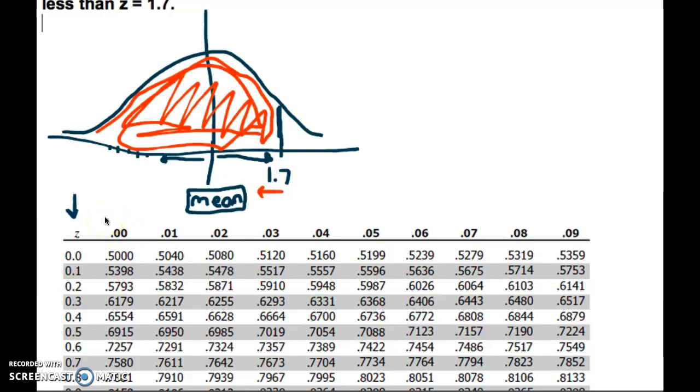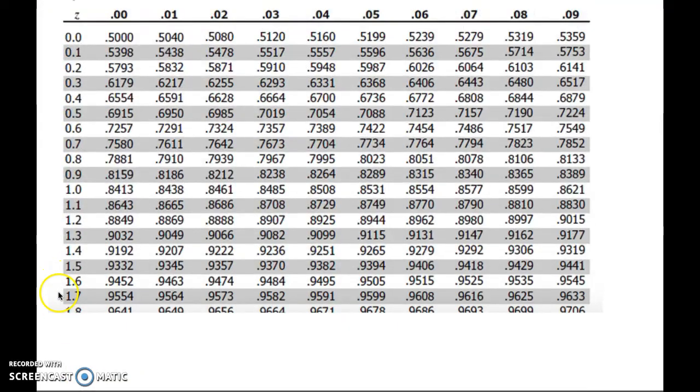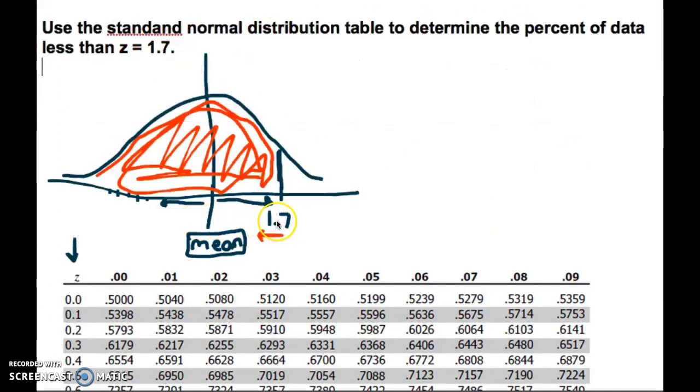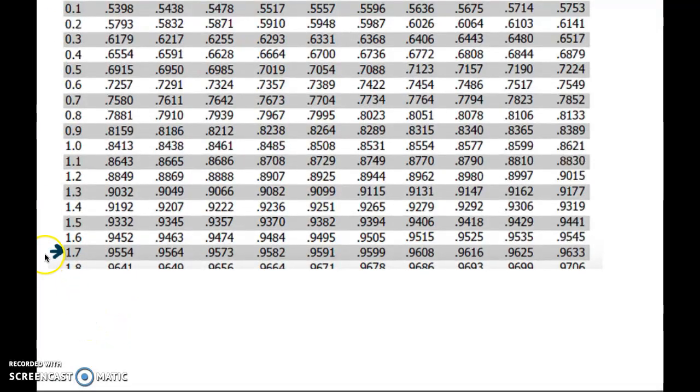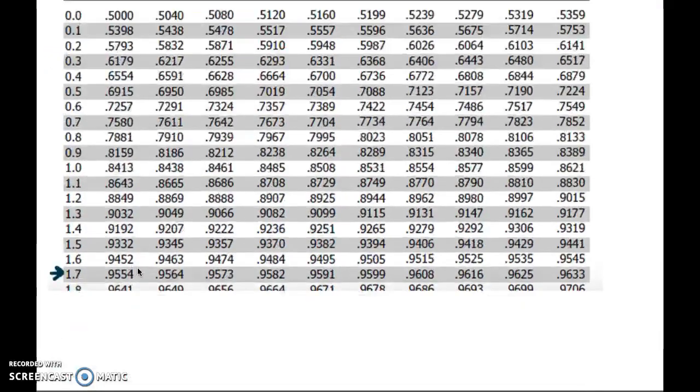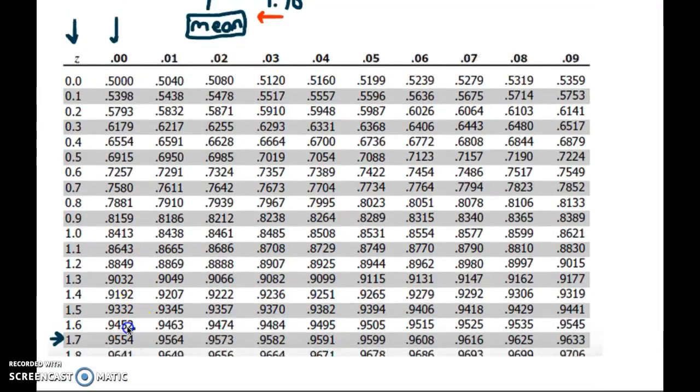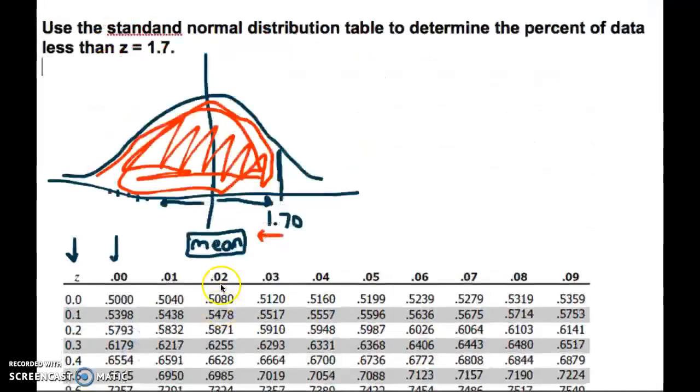I need to go down to 1, and there it is, and I have a 1.7, and since there are no other decimals here, it's like a 0, so it's going to be in this column here. So if I go down to 1.7 and slide over to the 0.00 column, notice that's my decimal here, 0.9554.